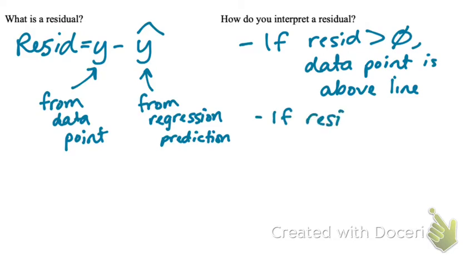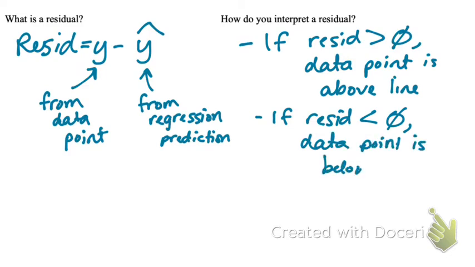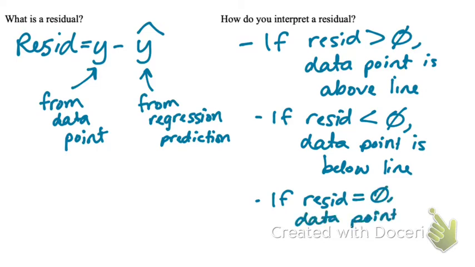If the residual is less than 0, the data point is below the line. And if your residual equals 0, then the data point is on the line. So remember, that's what the residual means. Let's look at an example.